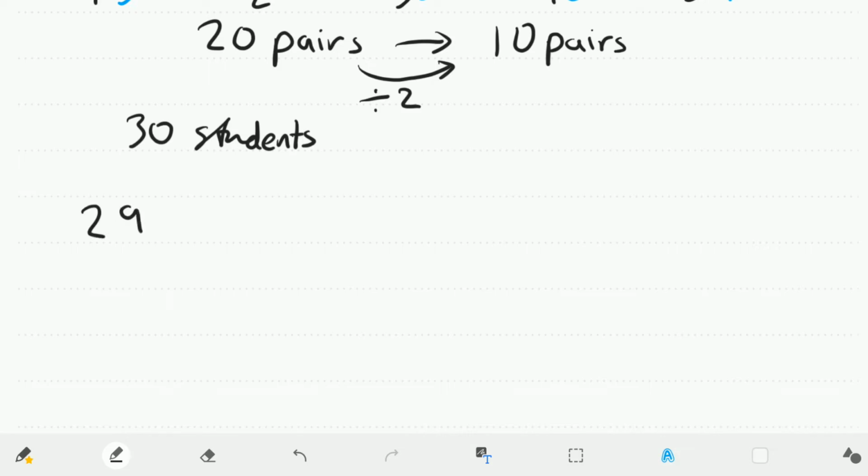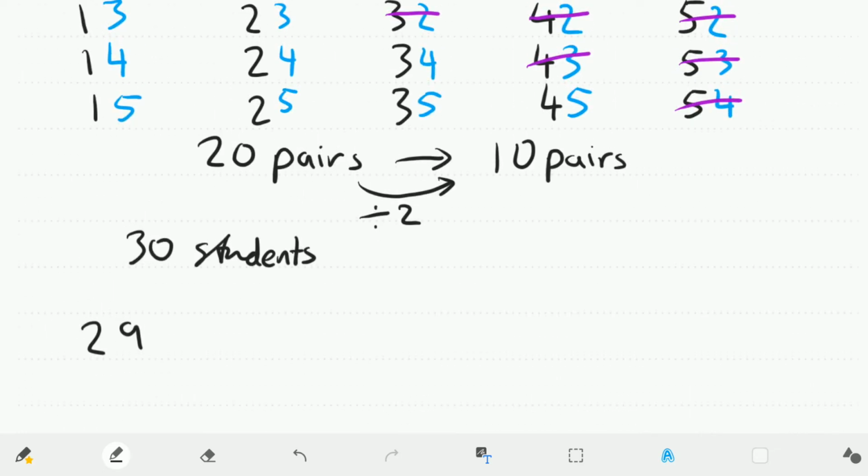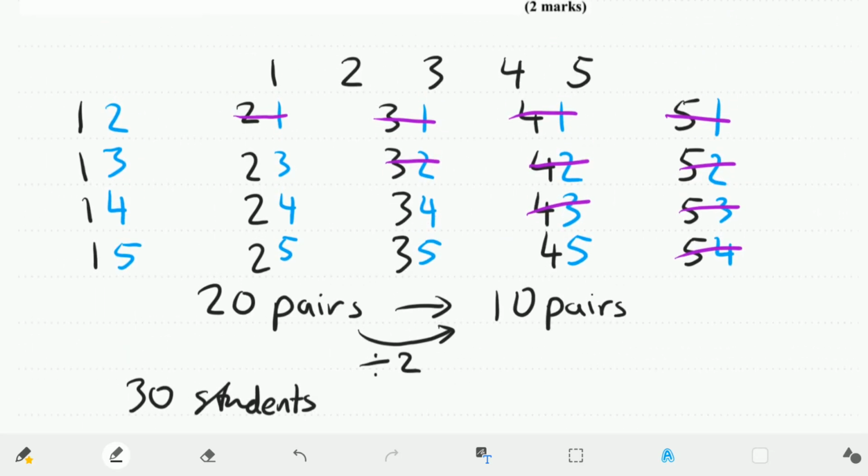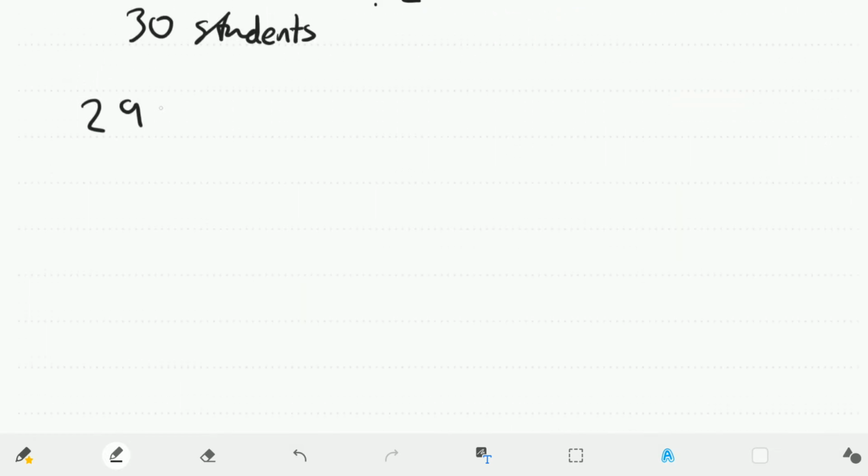And that is because each student can only be paired with 29 other students because they can't be paired with themselves. And secondly, we have 5 columns, which is the same as the number of students. So beforehand we did 4 times 5 to give us the total number of pairs possible. Over here we're going to do 29 times 30 to give us the total number of pairs possible.